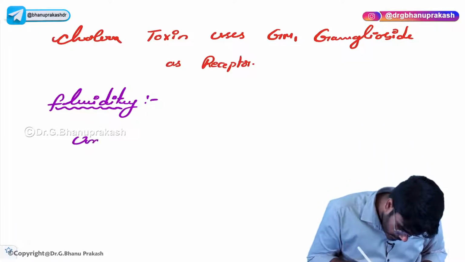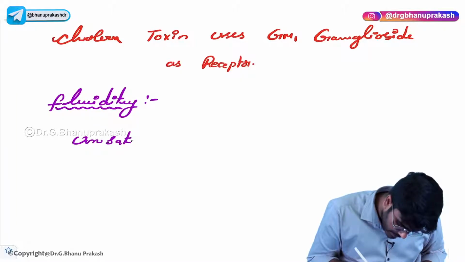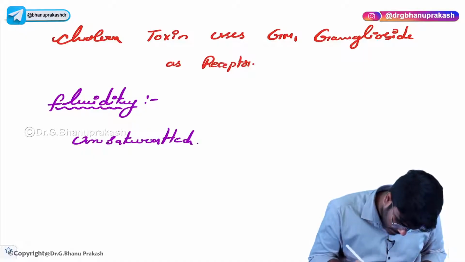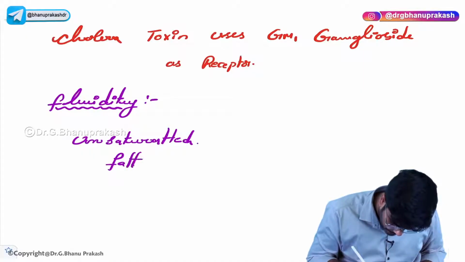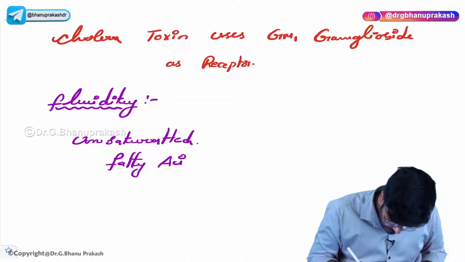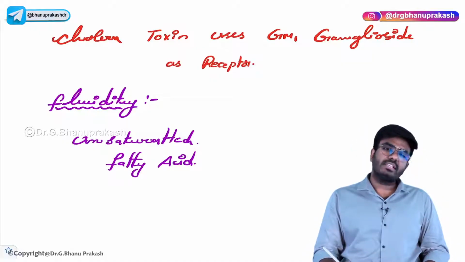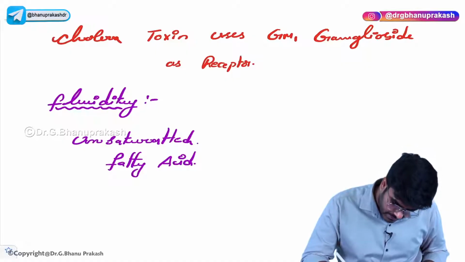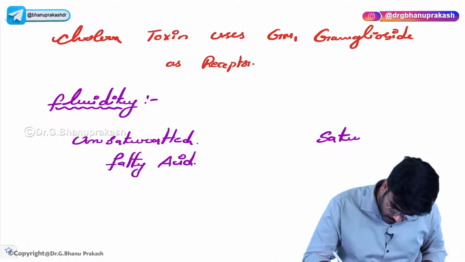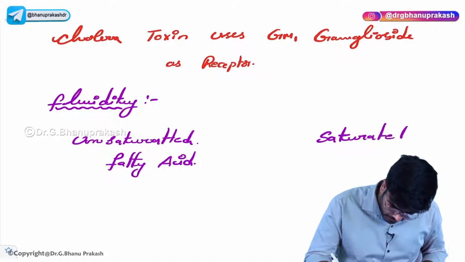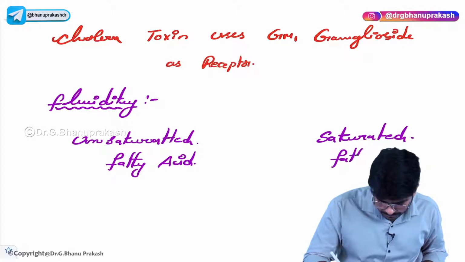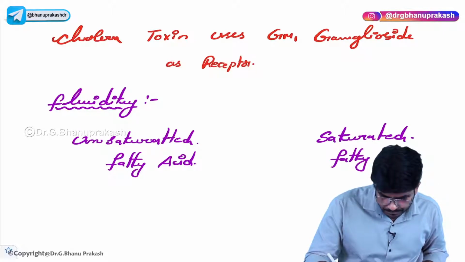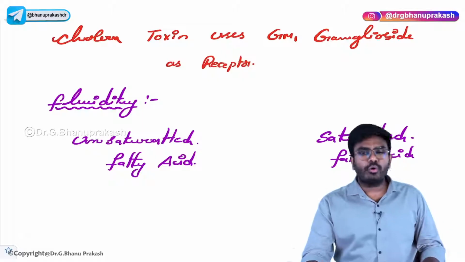So whenever you take unsaturated fatty acids, they can affect the fluidity of the cell membrane. And saturated fatty acids, they can also affect the fluidity of the cell membrane.